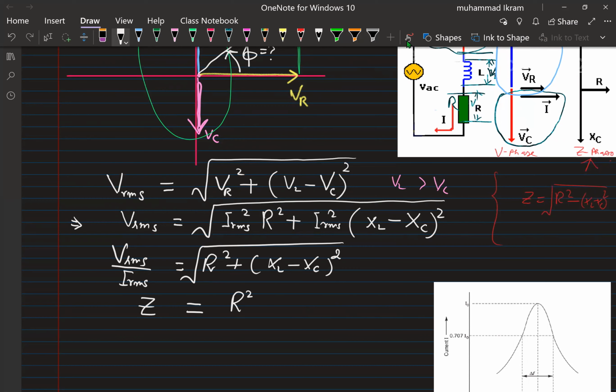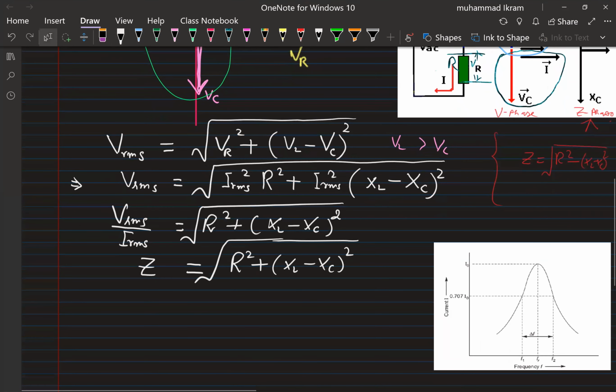Now you see that if you have resistance in an RL circuit and you put a capacitor there, then the impedance decreases. Why? Because they have an opposing effect on each other.